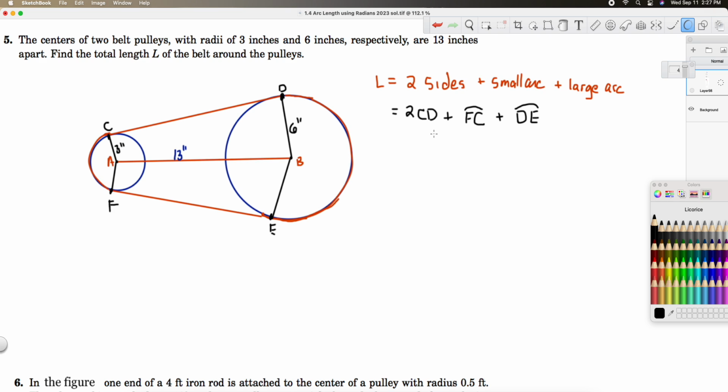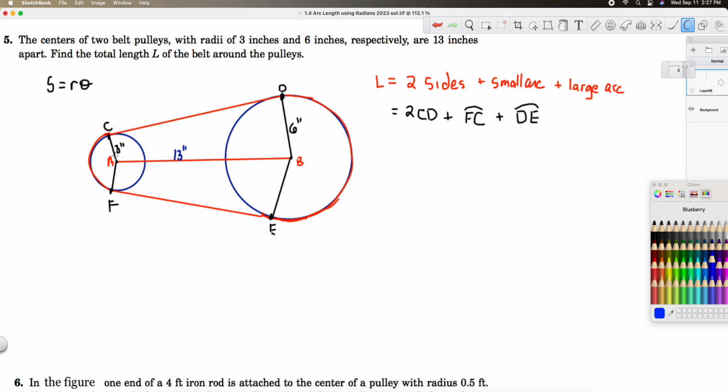And we know our arc length equation here is S equals R theta, right? So the radius of these arcs we have. So what do we not have? We don't have this angle.